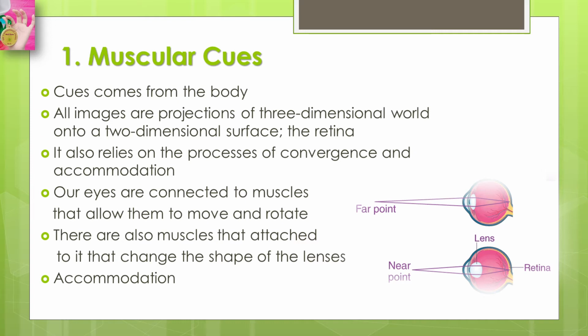As we have discussed, it also relies on the process of convergence and accommodation, and our eyes are connected to muscles that allow them to move and rotate. Now, when we look at an object, some of these muscles contract, causing the eyes to converge and look directly at the object.